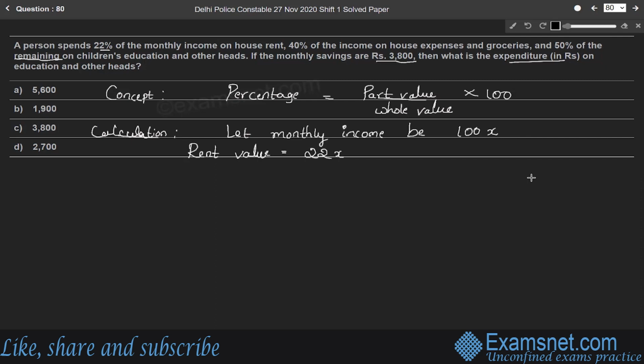That means out of 100, 22 parts are for rent. Therefore, from the whole income, that is 100X, this becomes 22 into X.